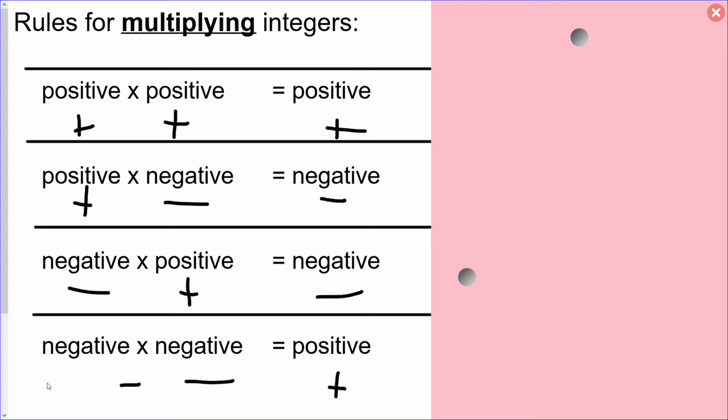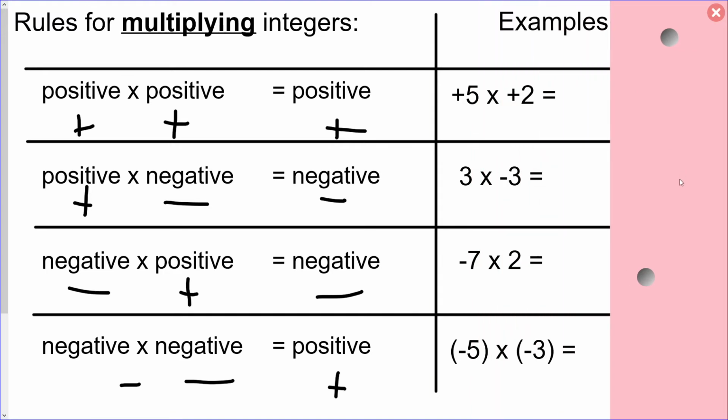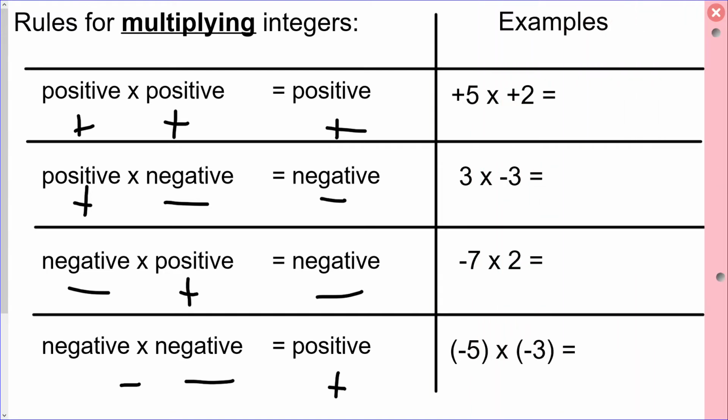Let me get my selecting tool back to get rid of the shade. I would like you to take just a moment and try out these examples. I've put them in a certain line, so I'm very clearly suggesting to you what your answer should be in terms of positive and negative. You just do the multiplication using the numbers normally, and then put in the sign afterwards is the way I suggest.